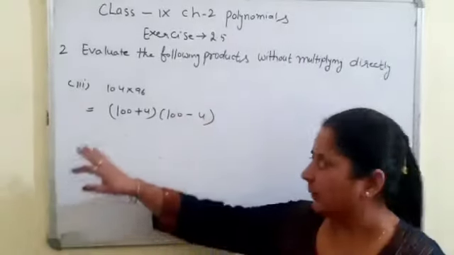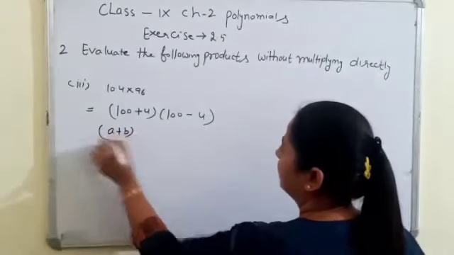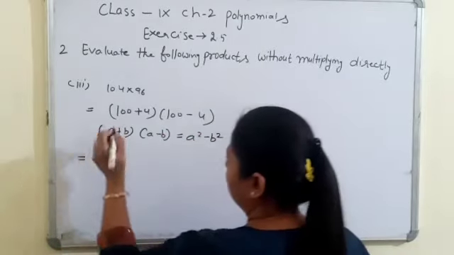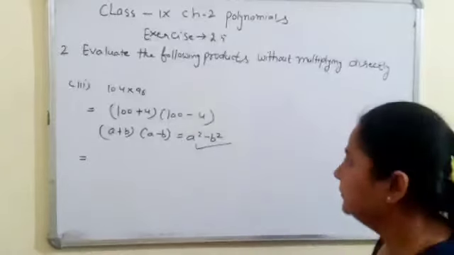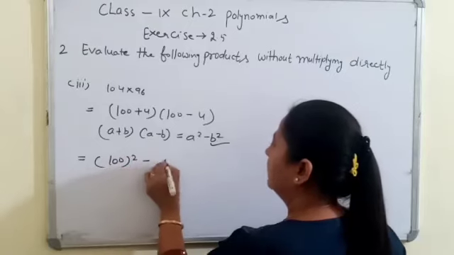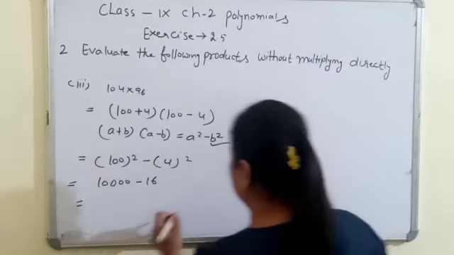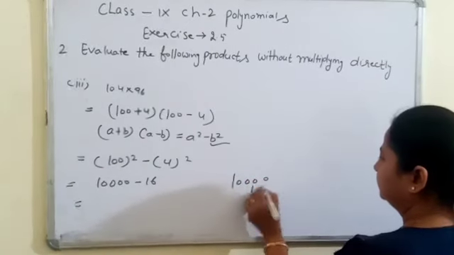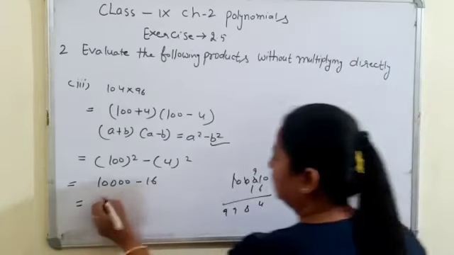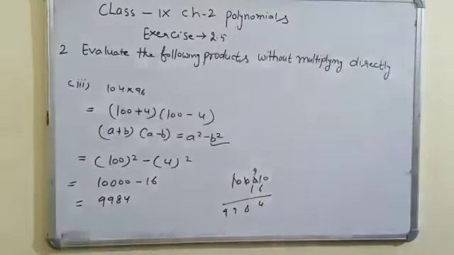Yes, we can apply here (a plus b)(a minus b), which is equal to a square minus b square. You have done a lot of questions using this identity. So a is 100 here, b is 4. This becomes 10,000 minus 16. So subtract 16: 9,984. Now this was the result for part 3.